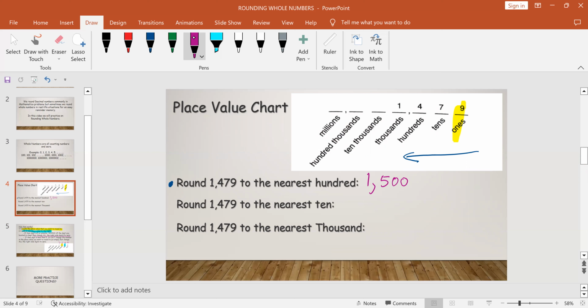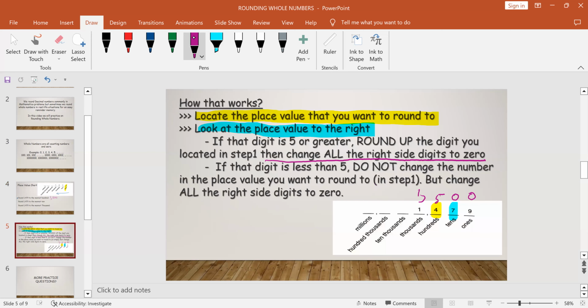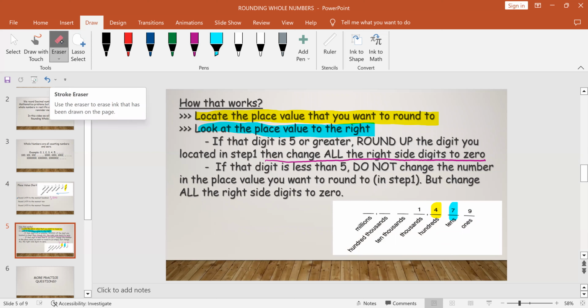What about the second one? 1,479. So we'll do the same thing, but this side is for the nearest 10. Okay, we go back. So let's clear this and we redo the same thing with 10.